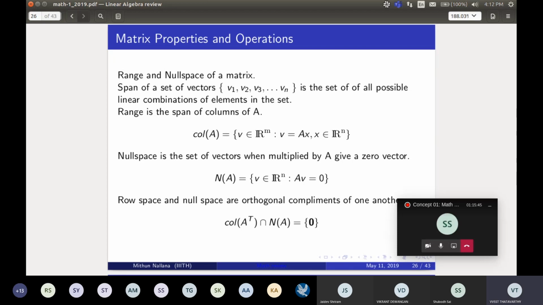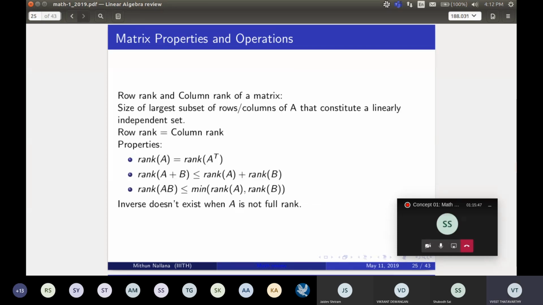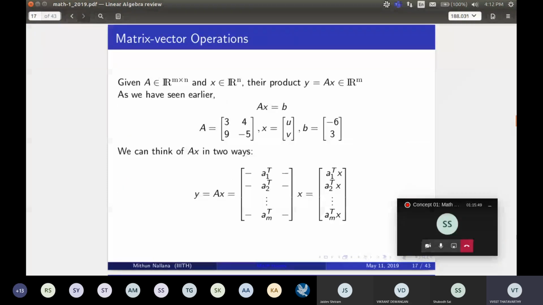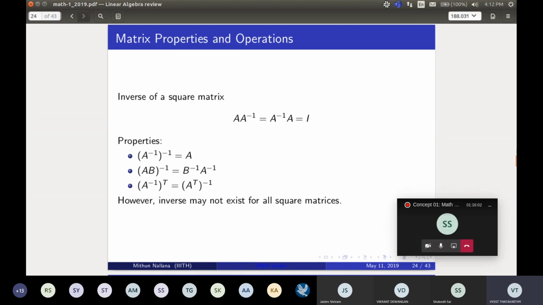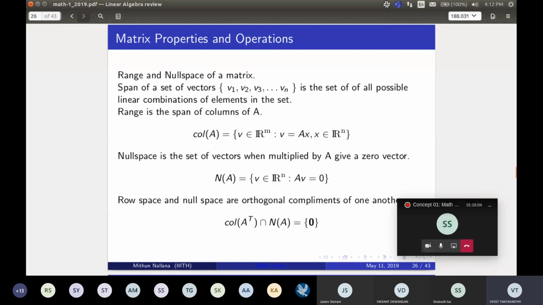Now, what is a null space? You have a system of equations, say Ax equals b, and you want the set of vectors that satisfy Ax equals 0. That you call the null space. Whenever you take a matrix and multiply, there will be a lot of vectors that satisfy the equation Ax equals 0, and you define that as the null space.